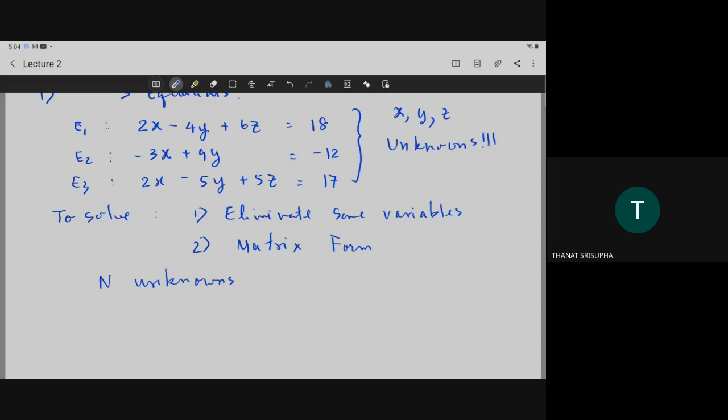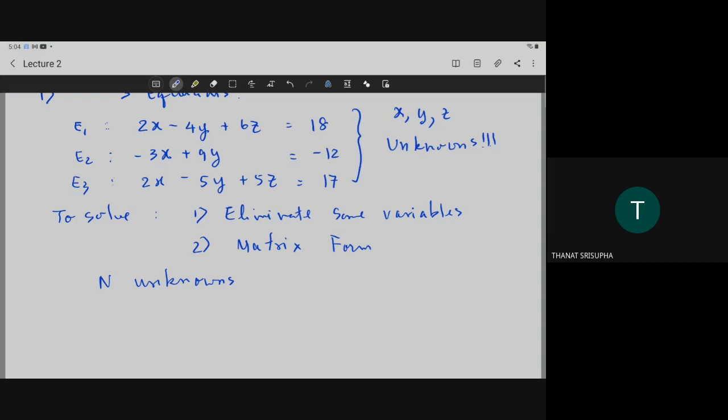I can write these coefficients 2, minus 4, and 6 on the left hand side, and then set the first equation equal to the number on the right hand side, which is 18.